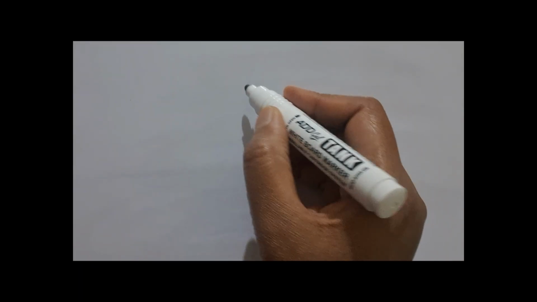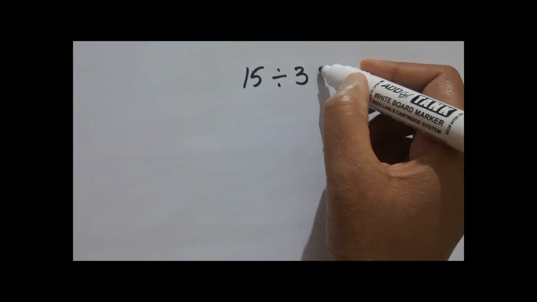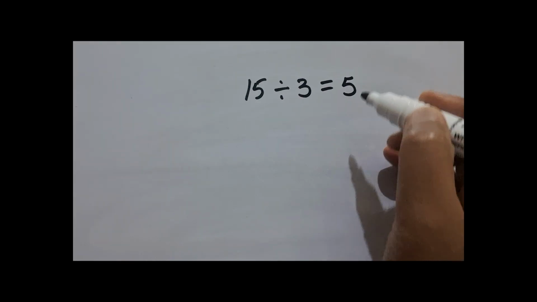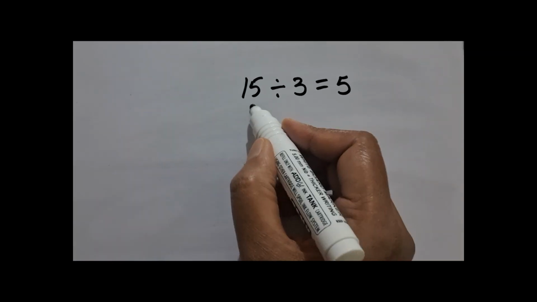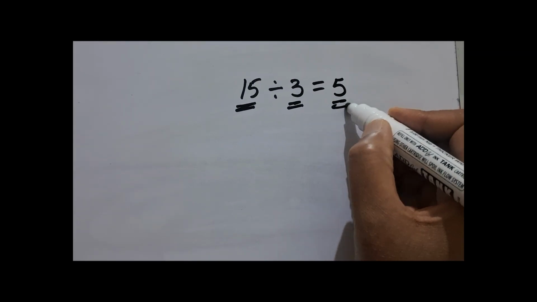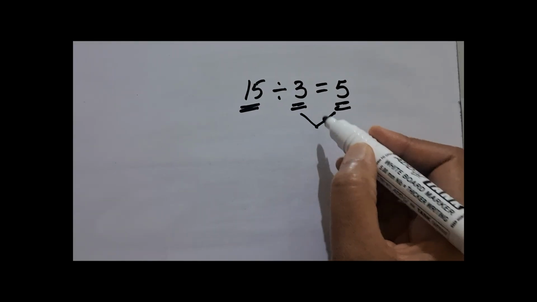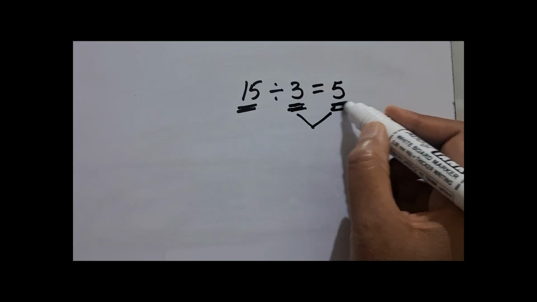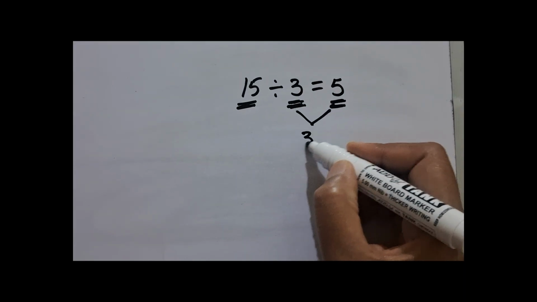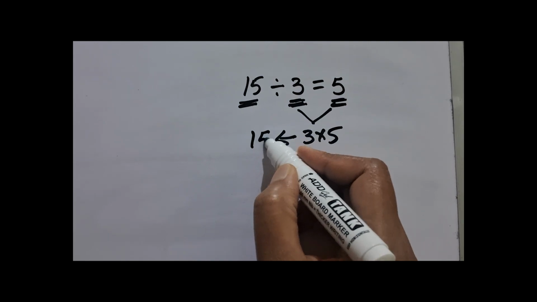For any division, children, suppose 15 divided by 3 gives us 5. This is the dividend, this is the divisor, and this is the quotient we got. So we know that when divisor and quotient are multiplied, we get the dividend, isn't it?